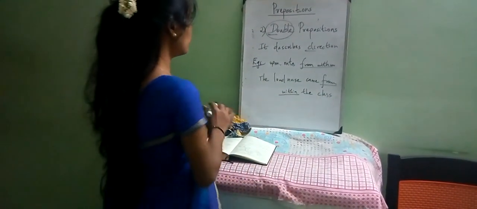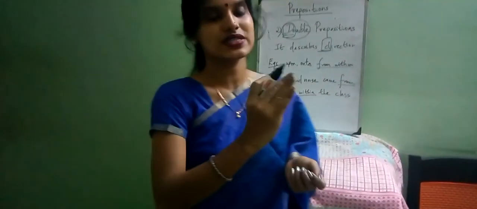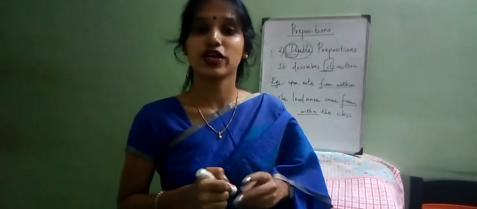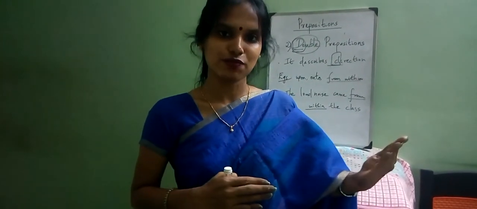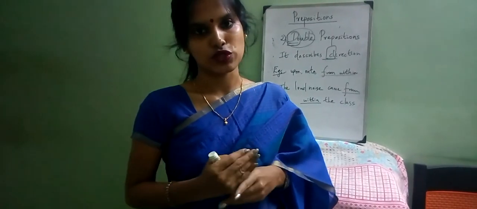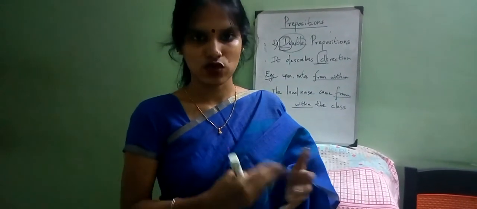So that's why I told you keep this D as a clue, this direction D as a clue. So double preposition always describes the direction. So today we have dealt with two different types of prepositions. One is simple, the other one is double prepositions. The common prepositions that you use in everyday life, they are termed as simple prepositions. For that I gave you examples.